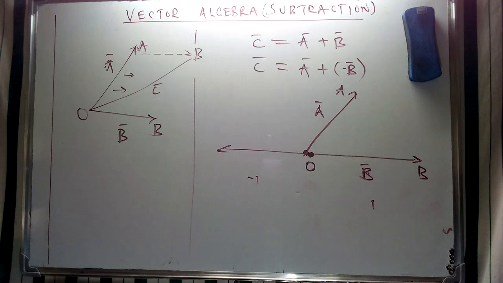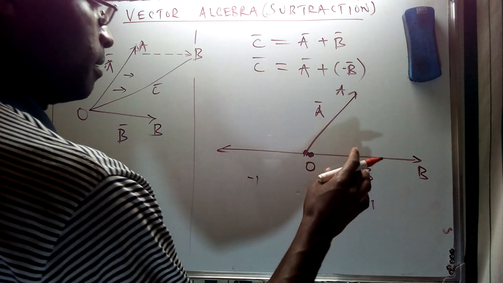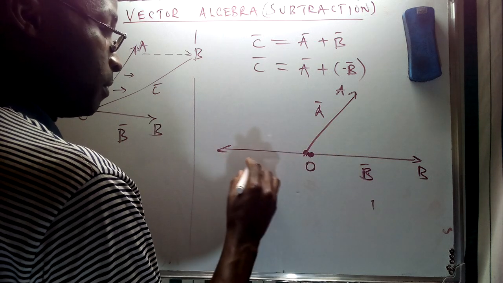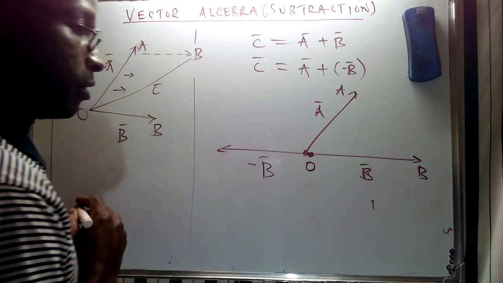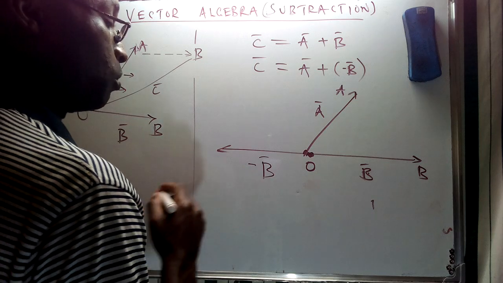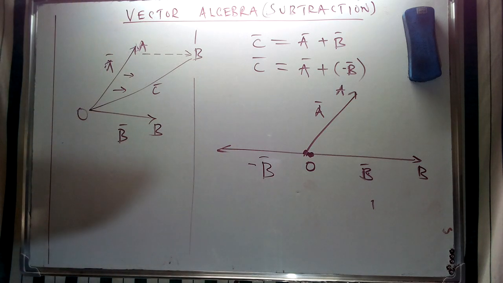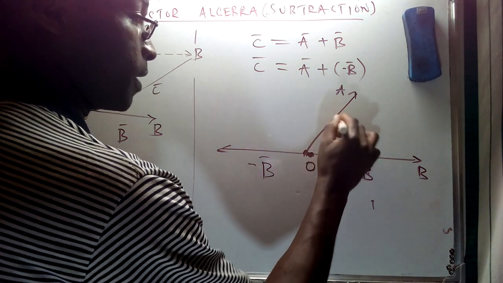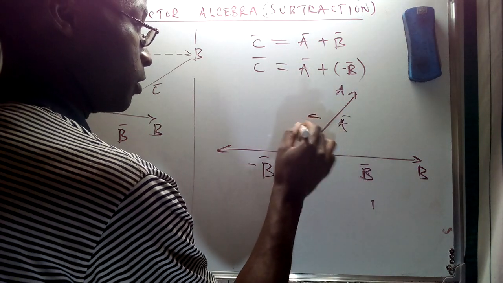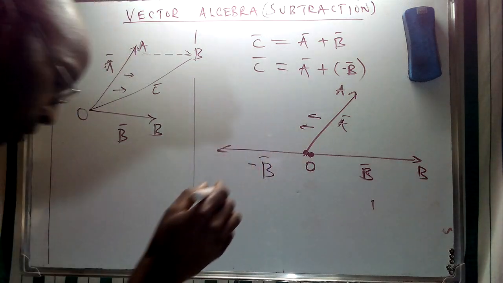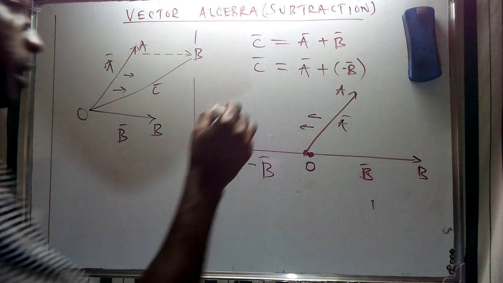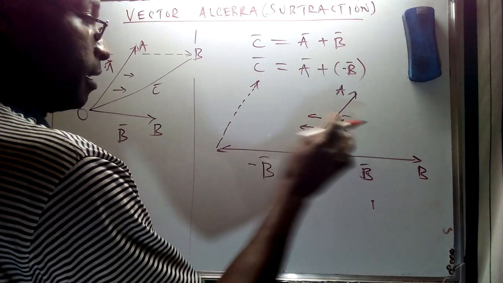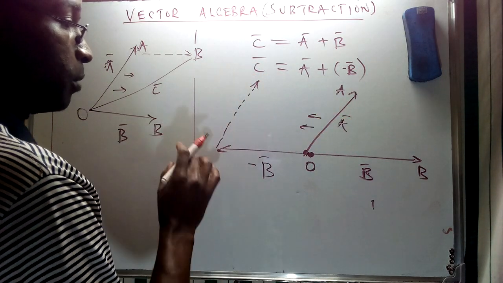So we can represent this resultant vector considering that B is in the negative direction, by moving vector A in the parallel direction towards B, which gives us another vector at the tip of this one, which is vector A.